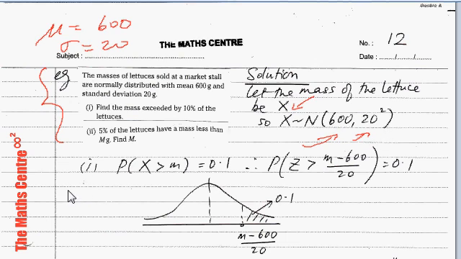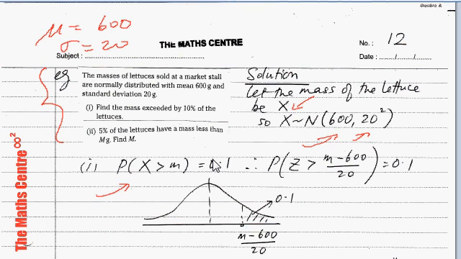For part 1 of the problem, we are asked to find the mass exceeded by 10% of the lettuces. We can translate that to: the probability of x bigger than m equals 0.1, since 10% is 0.1.